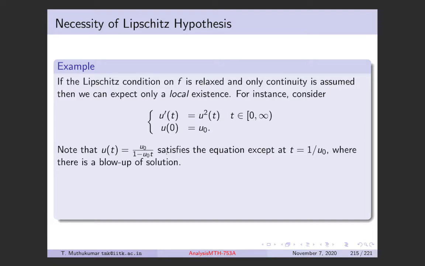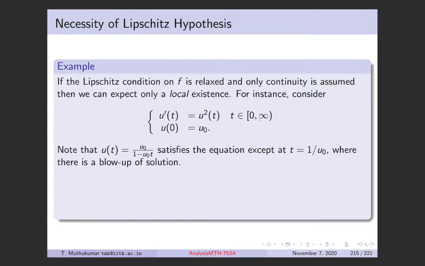This solution blows up whenever t is 1 over u naught, where u naught is the initial value that is given. So the only question is whether this t belongs to the domain, the positive line.